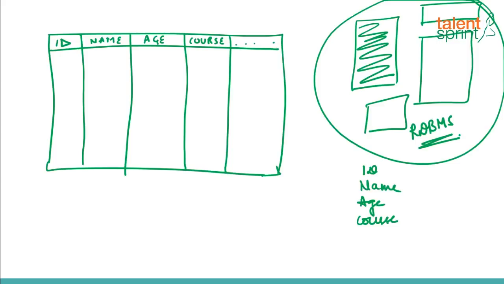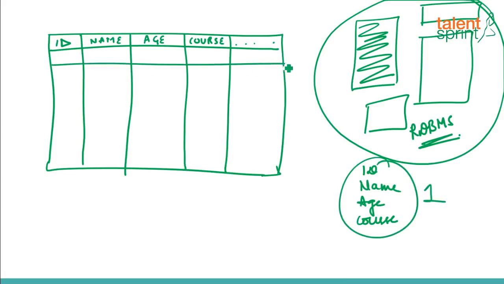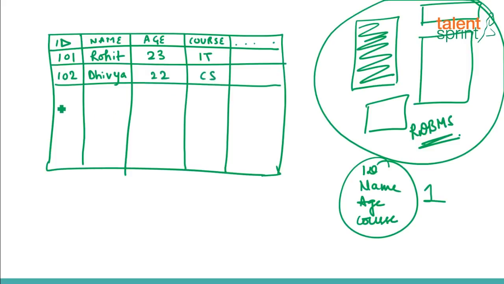So each data of a person, this data related to one person, goes in each row. So ID, say 101, name Rohit, age let's say 23, and course say IT. Okay, then let's do 102. We have Divya, age 22, course CS.